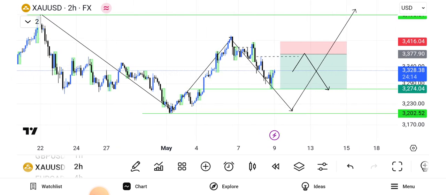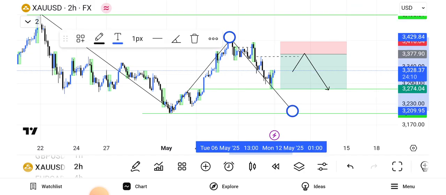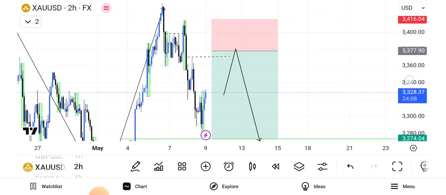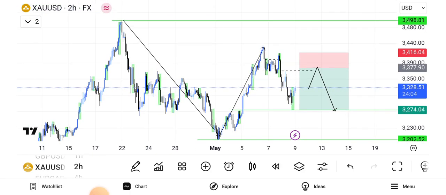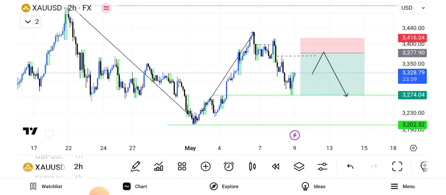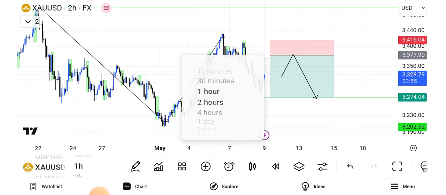So aside from this, another reason why I'm looking to sell gold is because if you look at the structure, remember we said that gold is bullish, but in this range we're seeing some bearish movement, and I'm expecting that it continues the bearish movement, right?